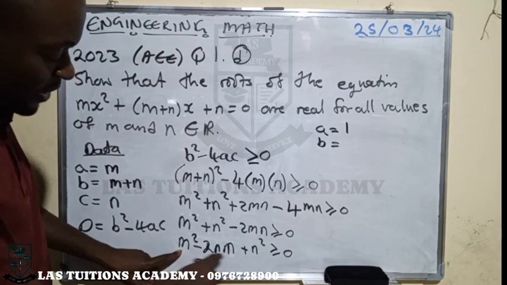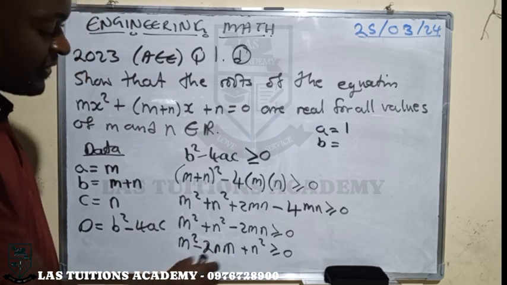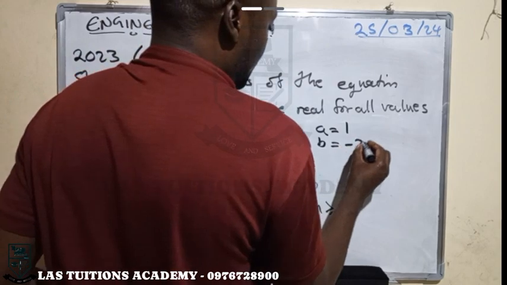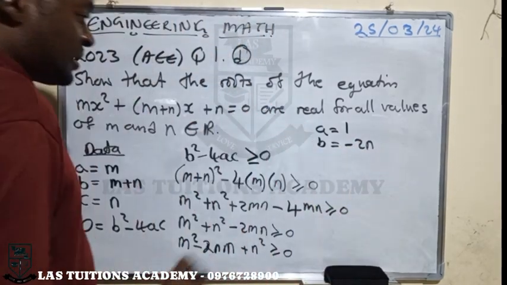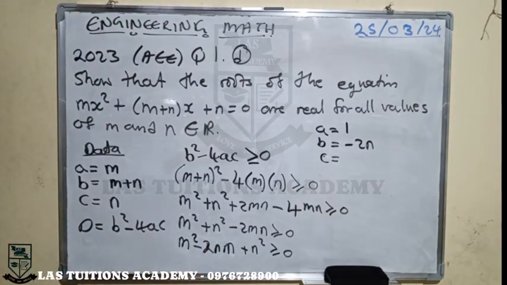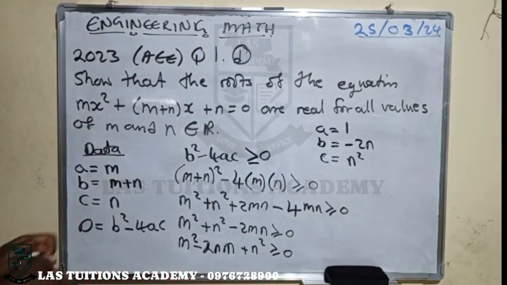Whatever else is there is a coefficient. So our b is negative 2n. Then what would be our c? n squared. Correct. So our c will be n squared.